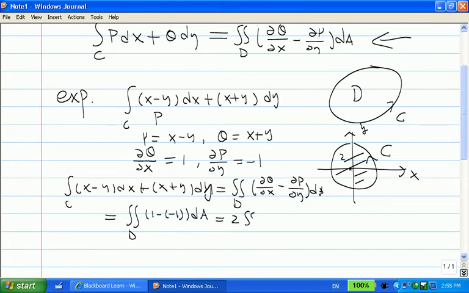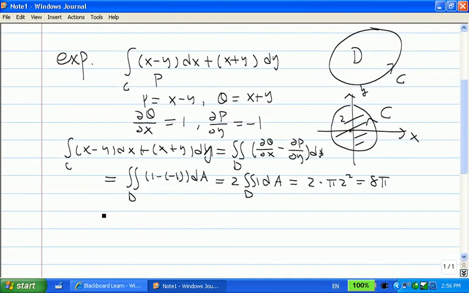Okay, so 2 dA. We know for a double integral, if the function you integrate is 1, then this gives you the area of your domain, which will be 2 times pi r squared, with r being 2, giving you 8 pi.